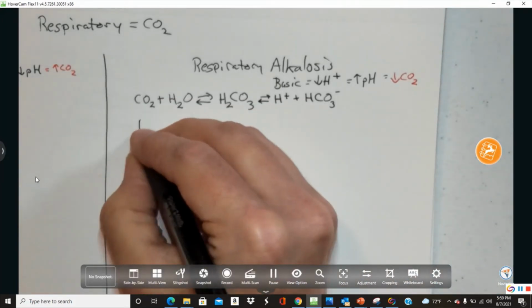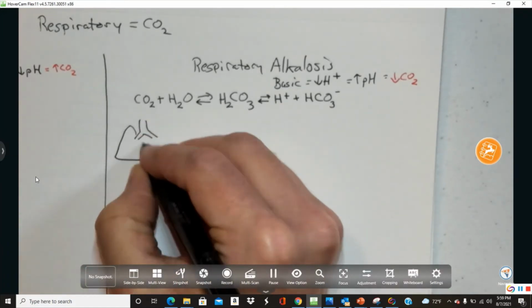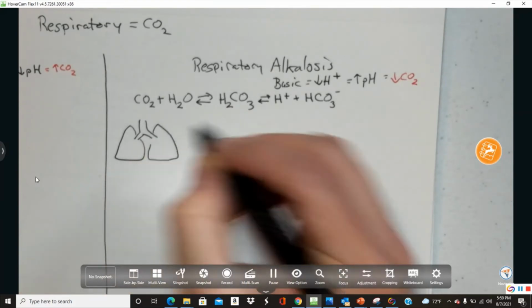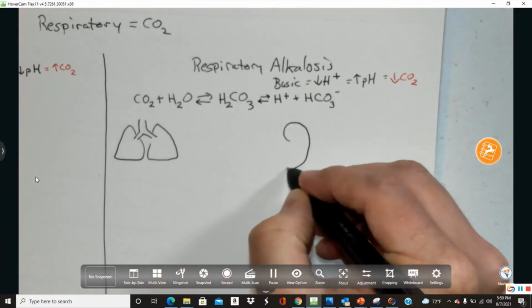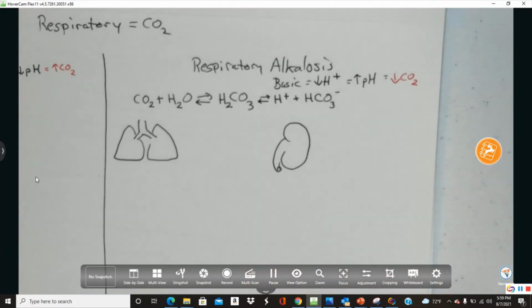We also want to make sure that we add our lungs here, and kidney over here, as we go to do this so we can understand what has happened from a physiology standpoint.